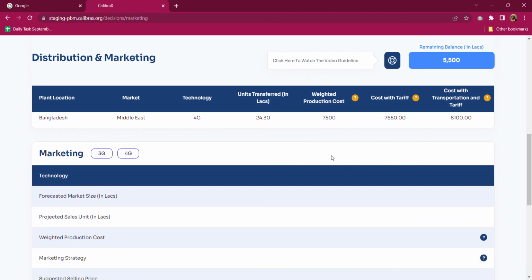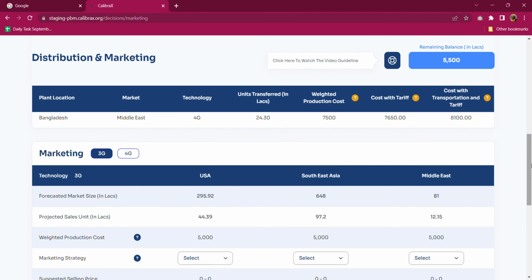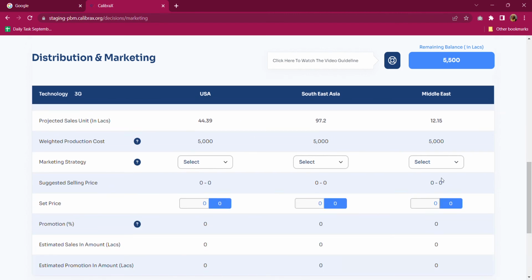Teams would have to prepare different marketing strategies for different markets and different products. So coming back to the marketing, if you click on the technology for which you want to develop your marketing strategy, another tab opens up.